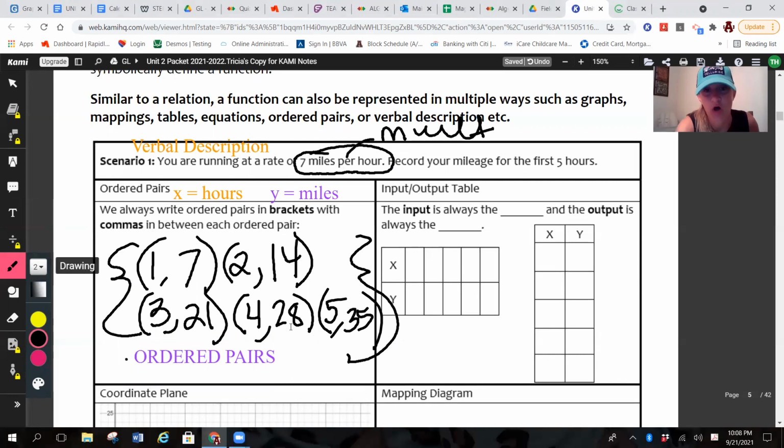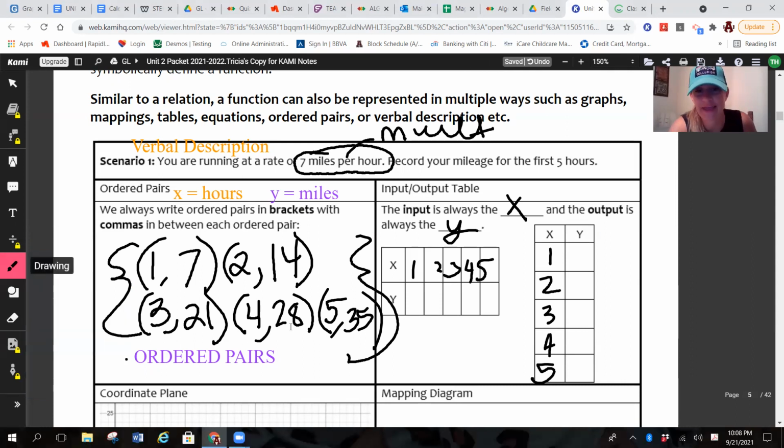Okay, so all of our X's is 1 hour, 2 hours, 3, 4, and 5. So your hours can go horizontally across the table. And if it's a vertical table, they would be going down. 1, 2, 3, 4, 5. So this is the hours. The input is the X. The output is the Y.